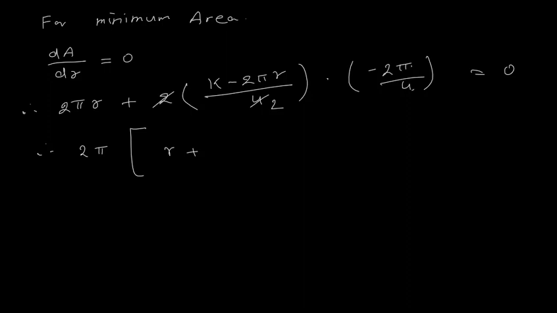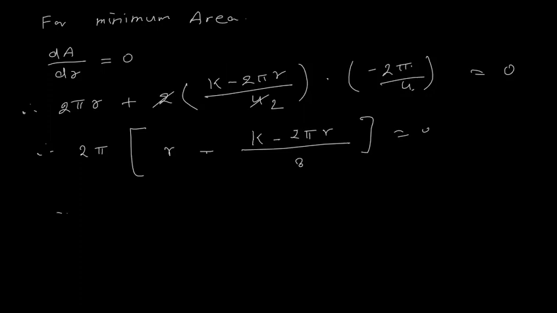So in place of plus here I have minus, minus 2 pi we have taken common. So denominator is 8 and numerator is k minus 2 pi r. Okay, this is equal to 0.